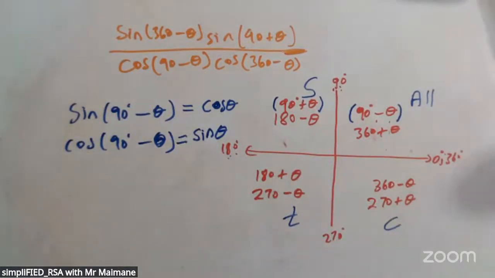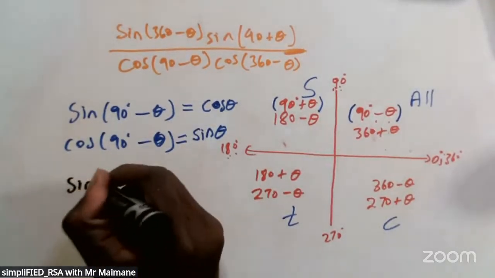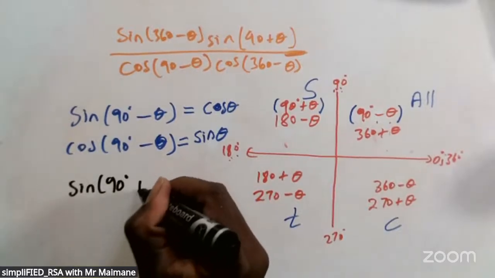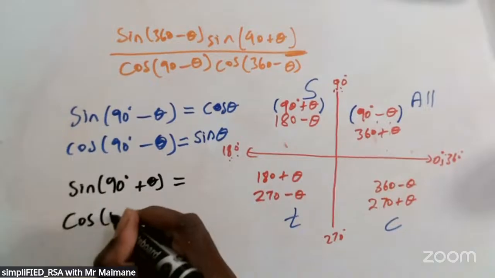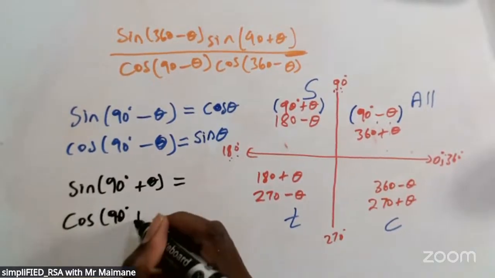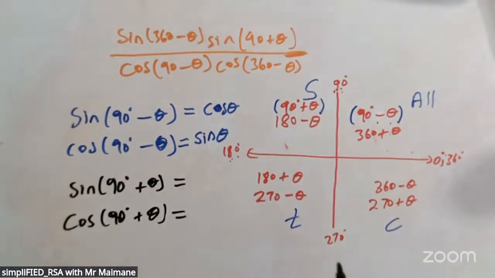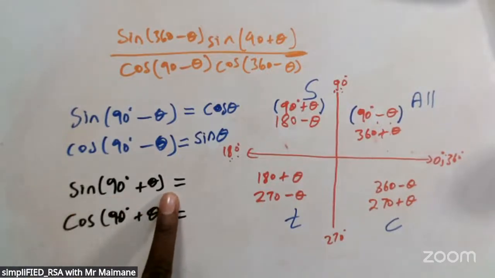Now what would be the other way around? Sine of 90 degrees plus theta as well as cos of 90 degrees plus theta. If you can get these ones right, you are good to go. Sine of 90 degrees plus theta. Consider the quadrant while you are giving your answer.